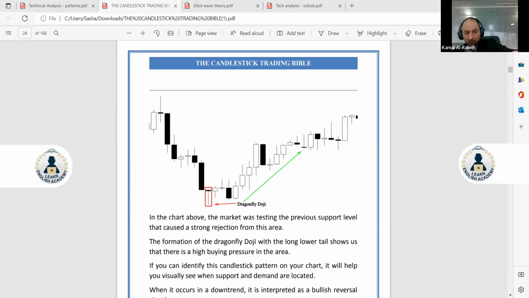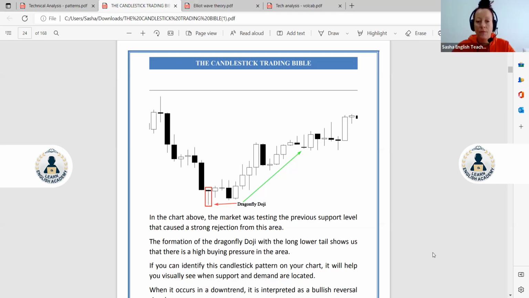Yeah, it's enough for the candlesticks, because I told you, if you follow the candlesticks, I'm not specialized in candlesticks. Some people work only with candlesticks. Yes. But for me this is enough to read the market.